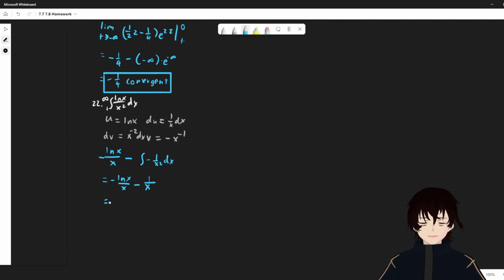So we want to take the limit as t approaches infinity of negative natural log of x over x minus 1 over x from 1 to t.